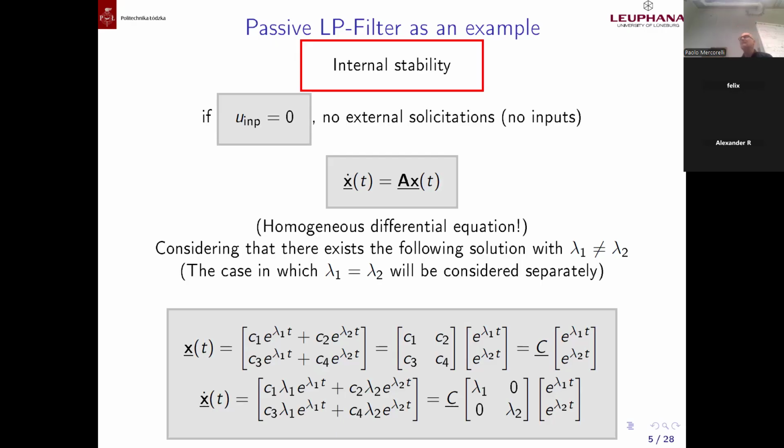Now it's just E. Now, x of t, this vector, which I consider a possible solution of this system of differential equations characterized by the matrix A, I will consider equal to this structure here. Why that? Because I am assuming that I have two different lambda 1 and lambda 2.